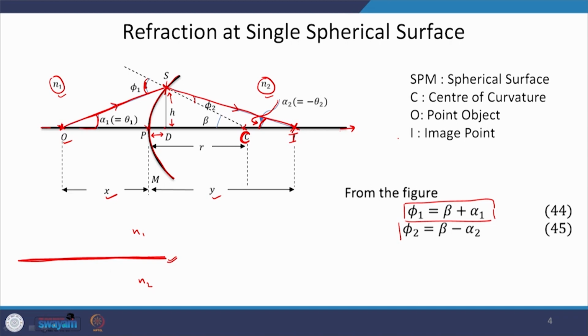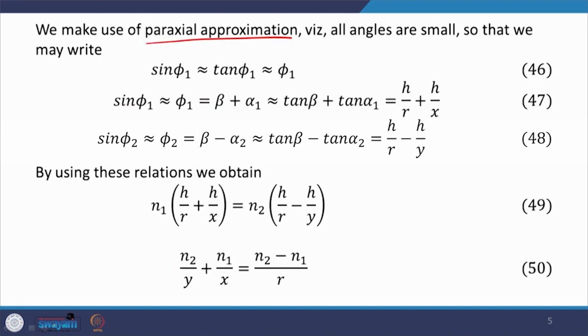Therefore, we will use this paraxial approximation, which says all angles are small, or that we consider only those rays which are very close to this principal axis.